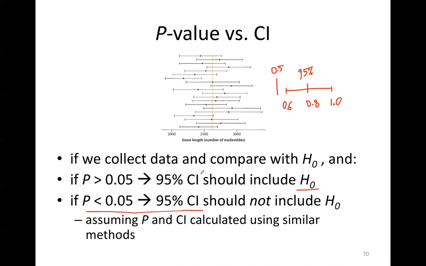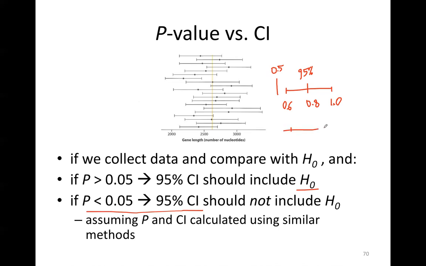But if the confidence interval includes the null hypothesis, then the p-value is larger than 0.05, like in the case of the right- and left-handed flowers.